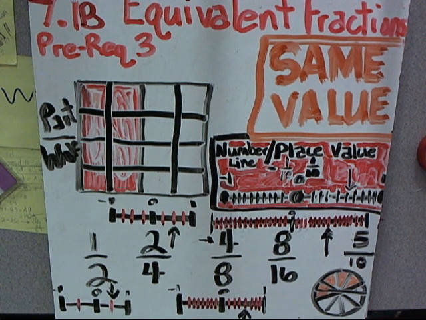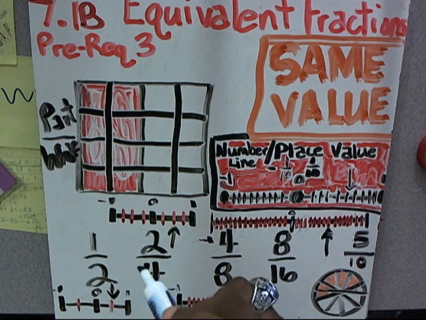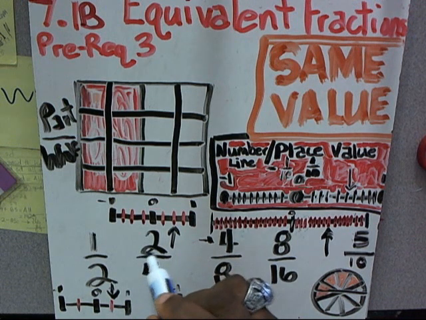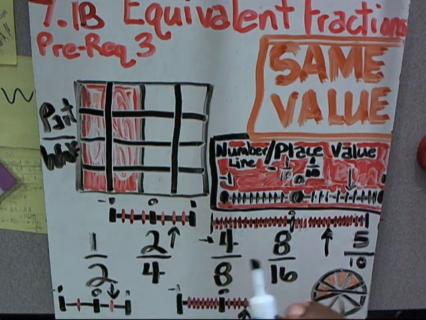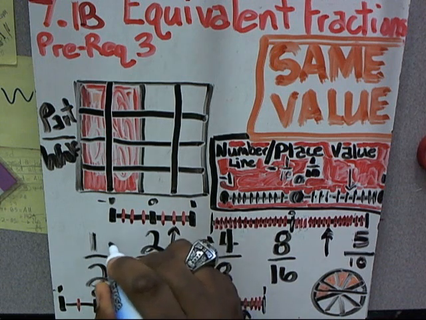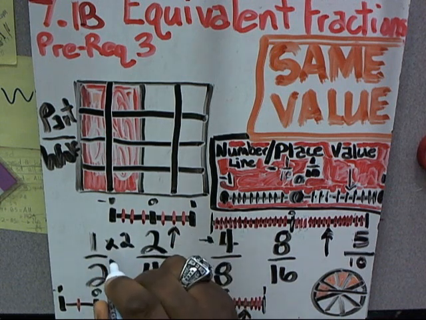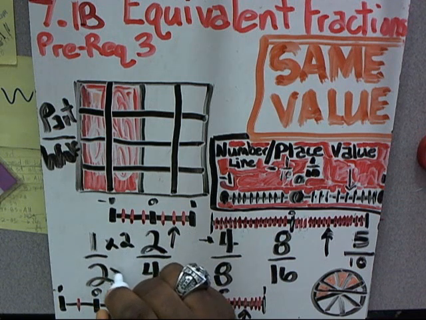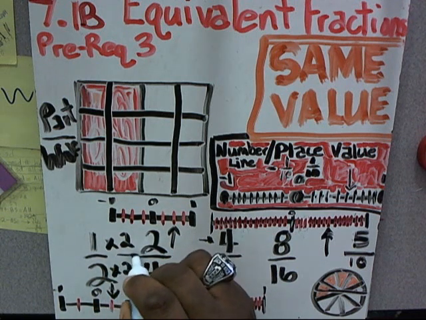One more point that I want to make, and this will be leading up into our simplifying fractions, is that the only thing that I have to do also to find an equivalent fraction is to multiply by 2, like so.